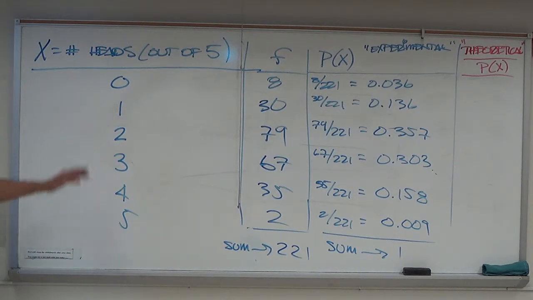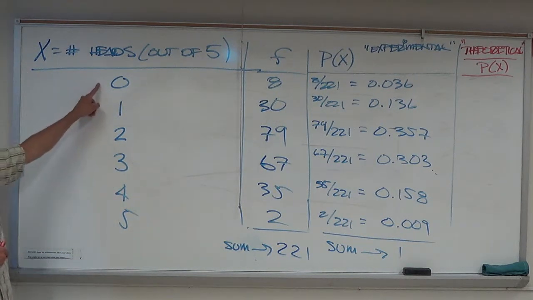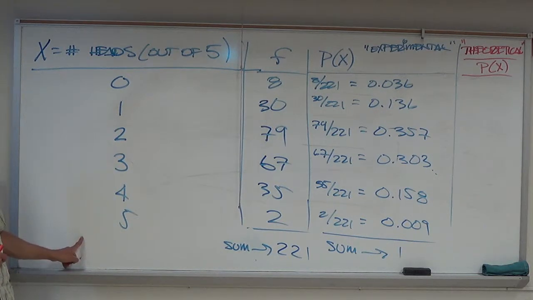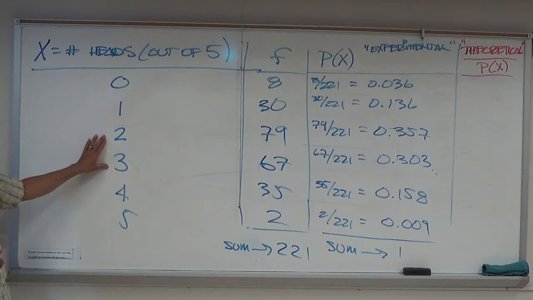Now this is x equals number of heads, but it could just as easily be x equals the number of questions the student gets right. Because if they guess, they might not get any right, they might get them all right, they might get 1 right and 4 wrong, 4 right and 1 wrong, or 2 right and 3 wrong, and vice versa. So how many outcomes are there total for this experiment?